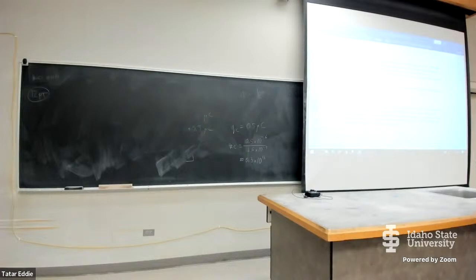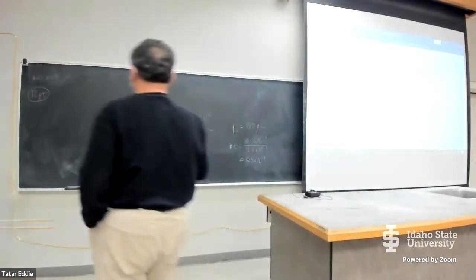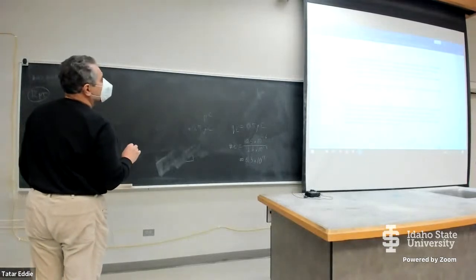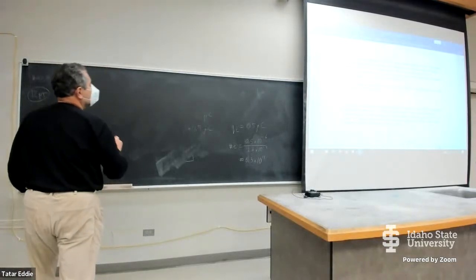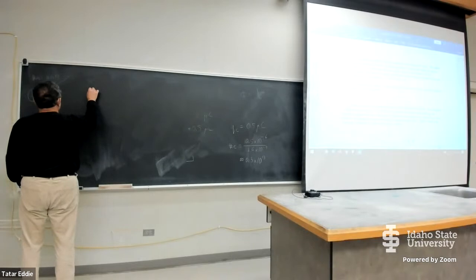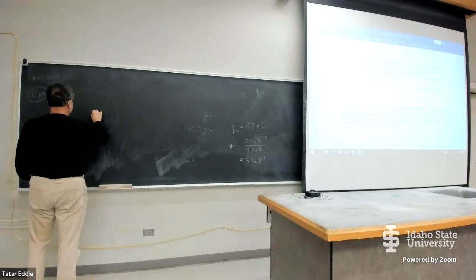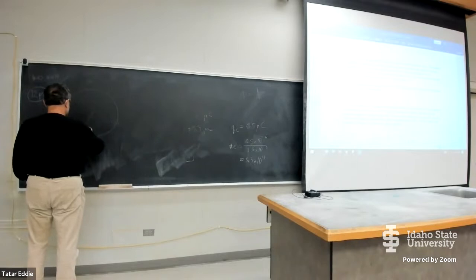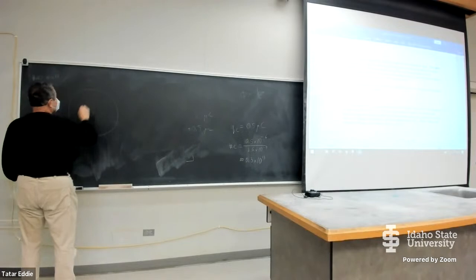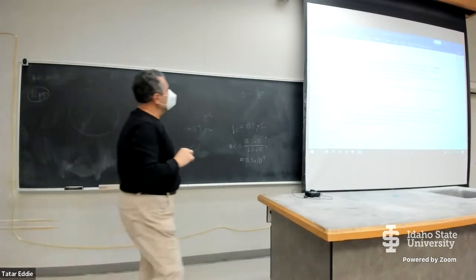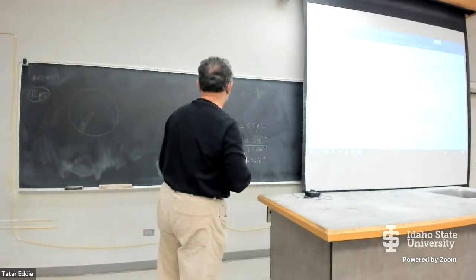So let's draw the diagram and see how it works. Here is the large sphere with radius A, and oh no, it is inside.